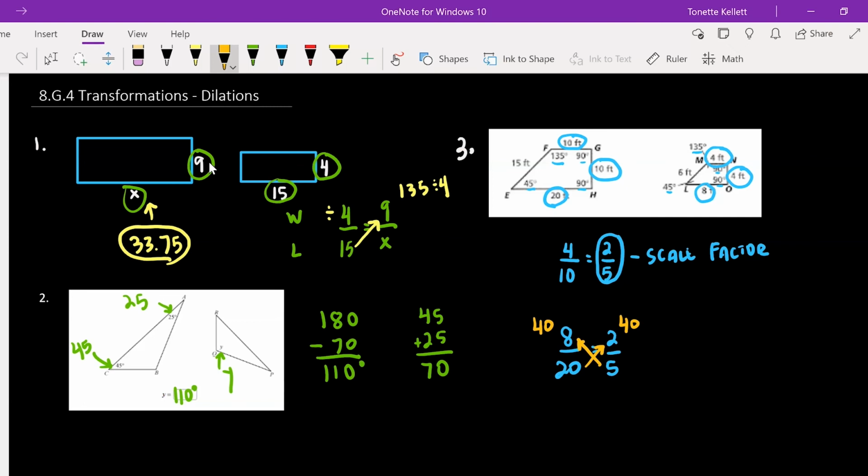We've got one more to check. I have a 6 and a 15. I'm going to set it equal to the scale factor. And then I'm going to multiply to check it. If it's similar, they both are equal to the same number. Here, they're both equal to 30. So yes, these are similar figures.